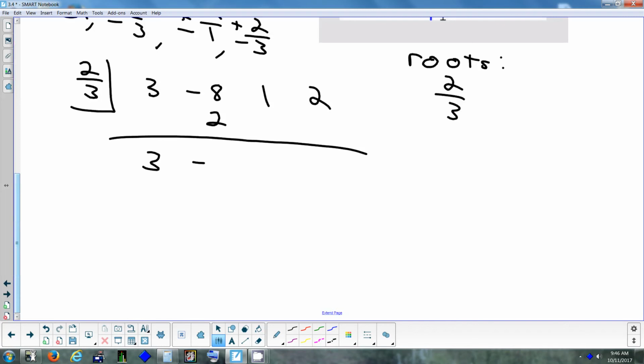And negative 8 plus 2 is negative 6. 2/3 times negative 6, so it's really 2 times negative 6 divided by 3. And what is that? Yep, -4. 1 plus -4 is -3. 2/3 times -3 is -2. Plus 2, 0. So we already knew we were going to get a remainder of 0. But now we have to look at that quadratic.